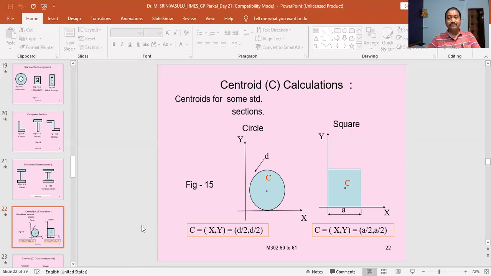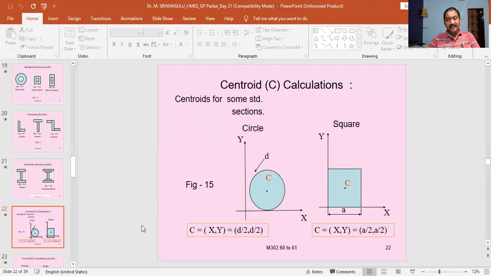Now coming to the square. So here also the square is shown in the figure, having a side a. So here the bottom-most edge is nothing but the x-axis, and the leftmost edge is the y-axis. So here the centroid is nothing but the point of intersection of the diagonals, that is at the midpoint.